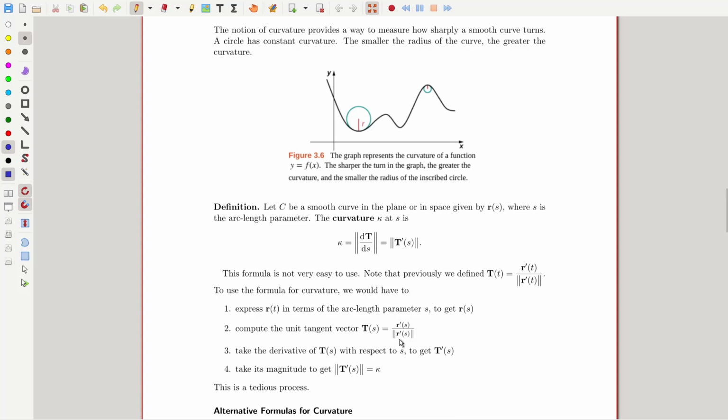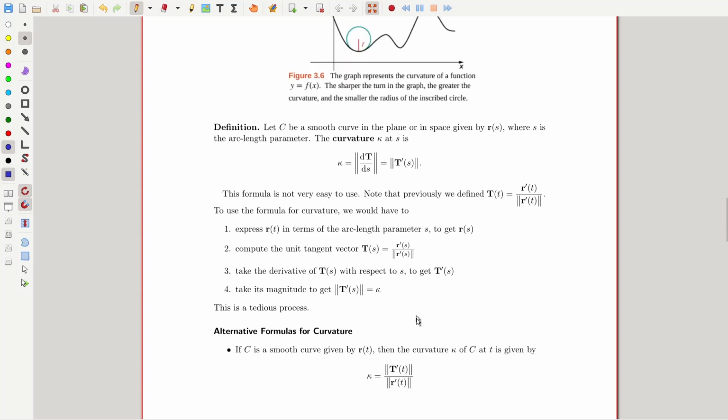Then we normalize it, and that will be the unit tangent vector. And then you have to take the derivative of that function, and then you have to take its magnitude. And so that is a painful process. I'm not sure what functions that is doable on. Maybe lines and helixes only. That might be the case. So it's quite tricky to work with this.